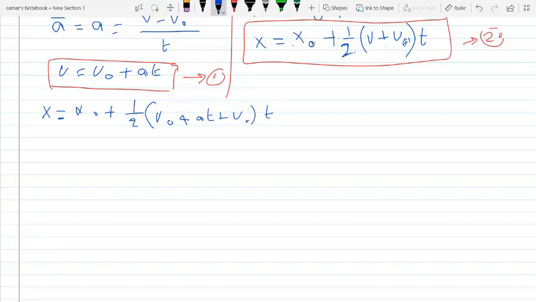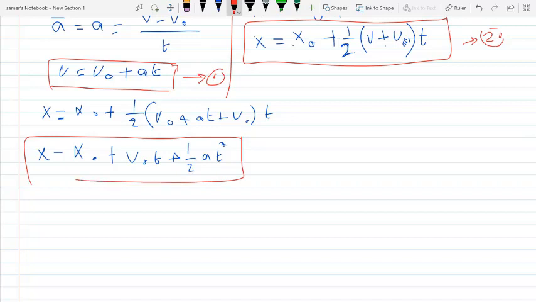So what we get here is x equals x0 plus v0 t plus 1/2 a t squared. This is the third of the equations of motion with constant acceleration.